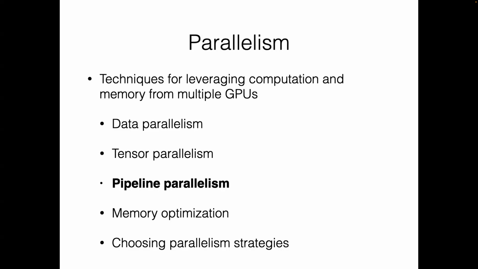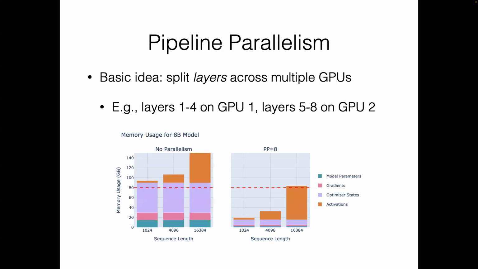Okay, cool. So pipeline parallelism is an interesting idea. Here, instead of splitting individual weight matrices, we can just split layers. So for example, you could put layers 1 through 4 on a single GPU. And then once that part of the computation is complete, you go to the next GPU, which holds layers 5 through 8.